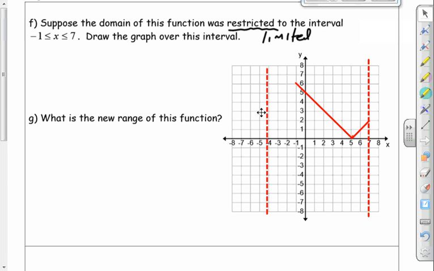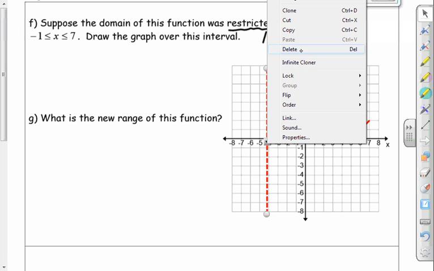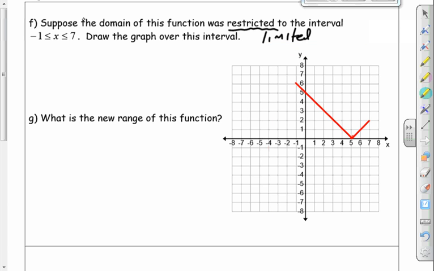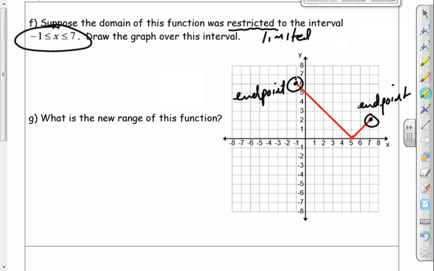I'm going to go ahead and take away those walls that I built. And this is the graph of that same function over a restricted interval. To emphasize this, we use endpoints. Okay, this is an endpoint. This is an endpoint. This very clearly demonstrates that we're not considering any values beyond these points.